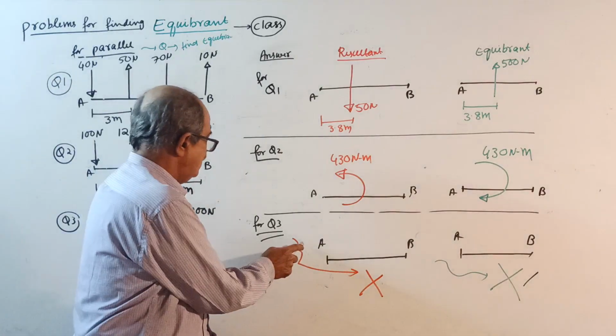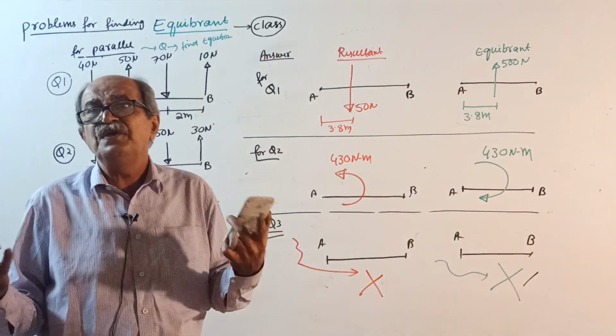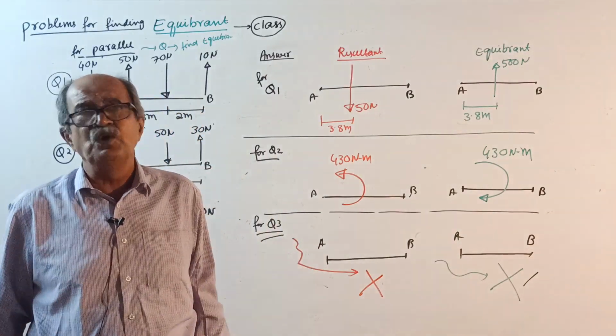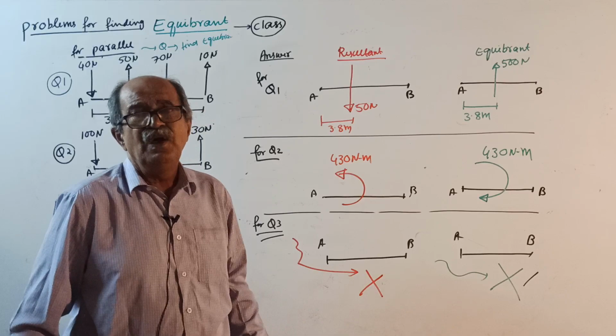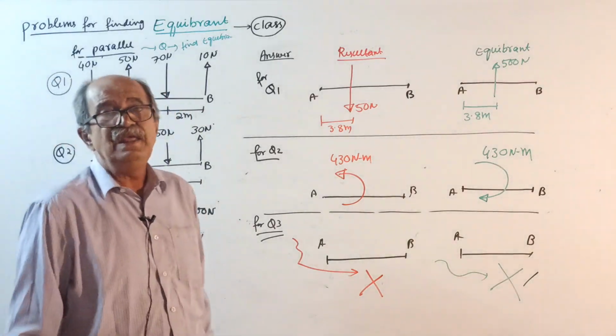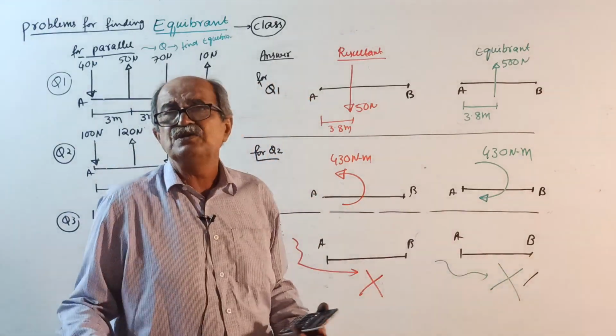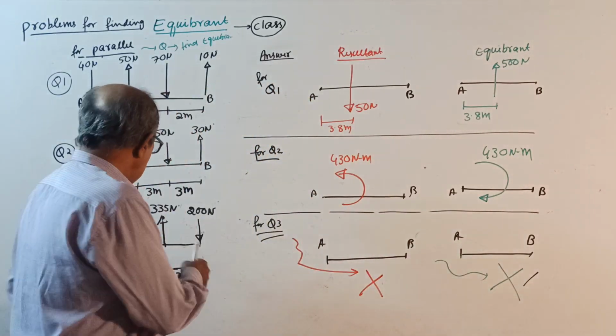So for question 3, there is no resultant neither in the form of a force nor in the form of a couple, or you can say this given force system is actually in equilibrium. Therefore, no equibrant also.